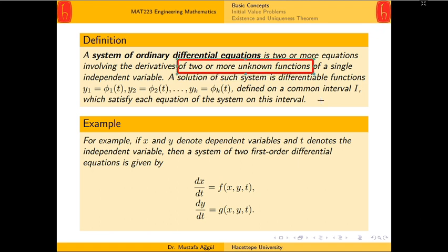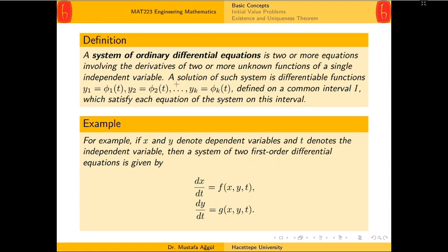If we have more than one unknown function, then we have a system of ordinary differential equations. Of course, it has to be with a single independent variable, otherwise it will be a system of partial differential equations. This is what we really need to point out.